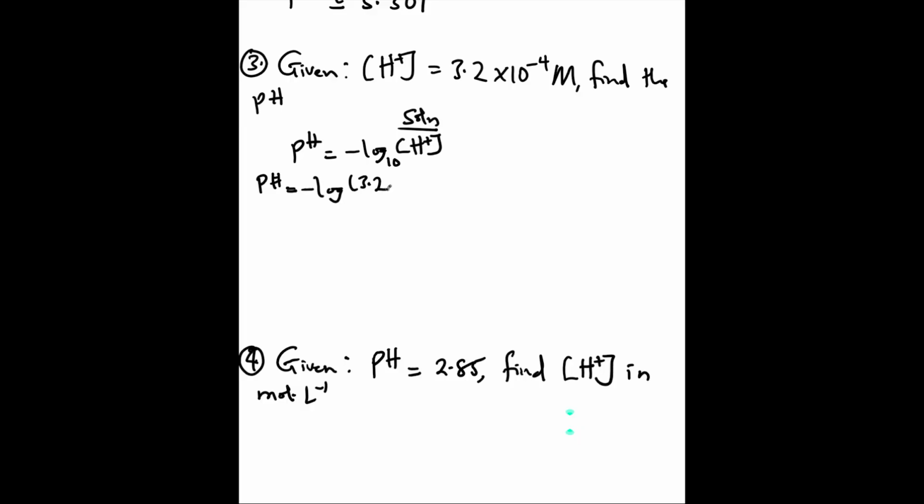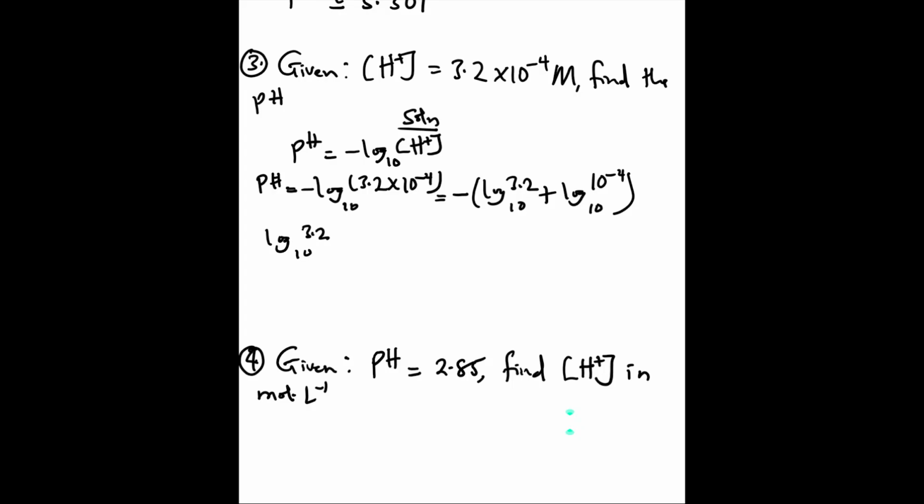So the pH will be equal to minus log 3.2 times 10 raised to the power minus 4 base 10. So now we're going to split it into both sides. We're going to be using the product rule for logarithm. So that'll be minus, into log 3.2 base 10 plus log 10 raised to the power minus 4 base 10.